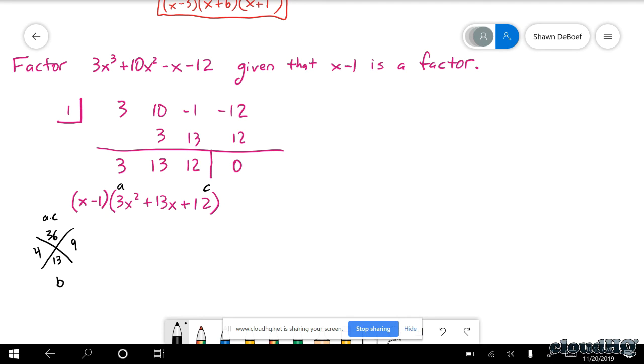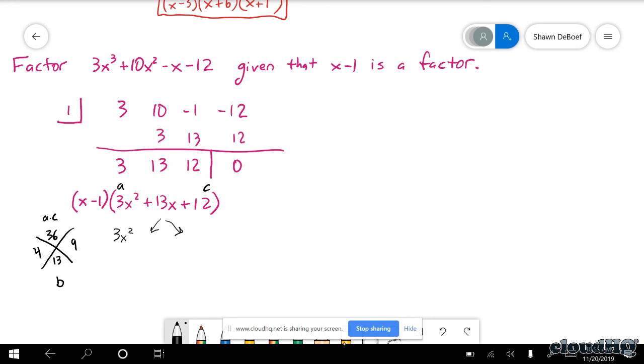So a reminder about what we do with that 4 and that 9, especially for those who aren't maybe that great at these factorings yet. What do we do with that? Some people are good at getting the 4 and 9, and then they don't know what to do from there. Here's what you do. We still have the 3x squared, but we don't have the 13x anymore.